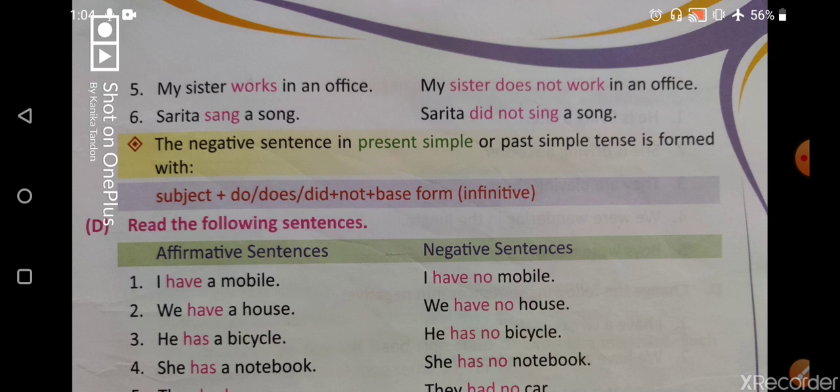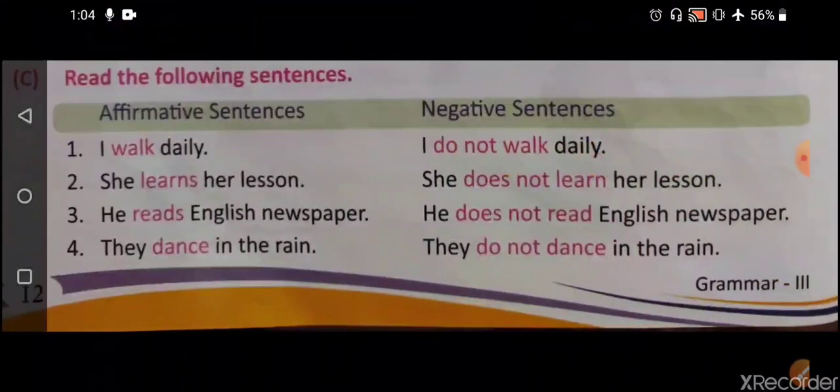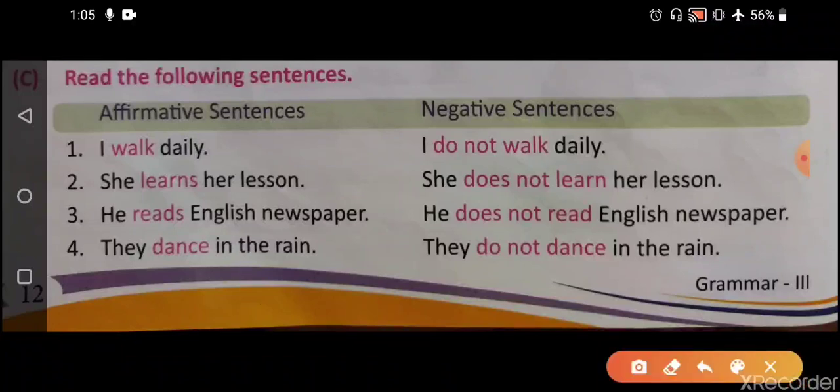Alright. So here, what are the two things that we have to understand? While we are reading these sentences, one thing we have to remember is when the subject is singular, like I, the verb is also in the first form. Here, when the subject is singular, the helping verb that we use is does.